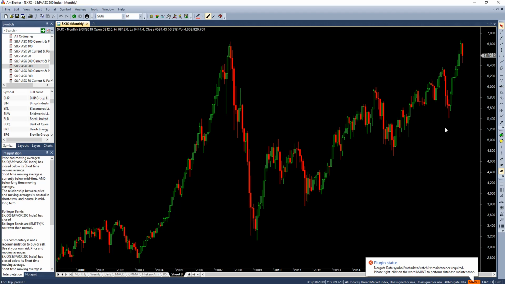So let's see, how do we draw the trend line in the first place? The general rule of thumb is we connect a minimum of two points, the two lower points of the price.